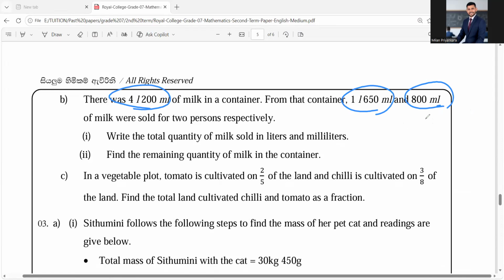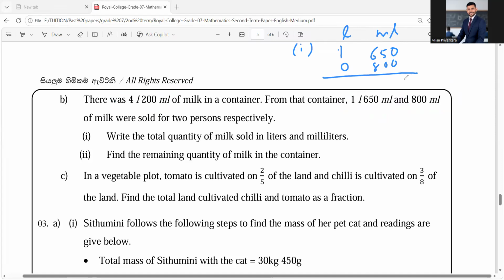So when you have something like this, you usually answer these kinds of questions in your answer sheets. Therefore, do it in the standard way, because that is going to be very good. Let's write, actually I'm writing the answer for the first part, right? Liters, milliliters, 1, 650, 0, 800.